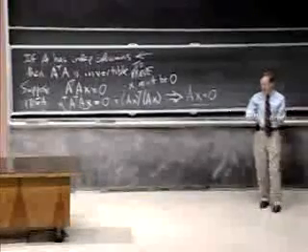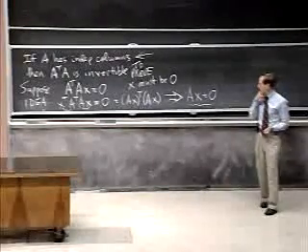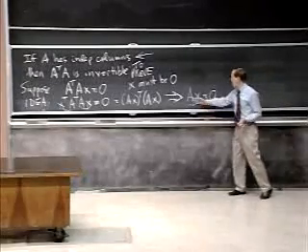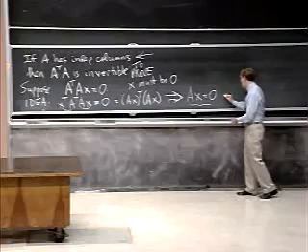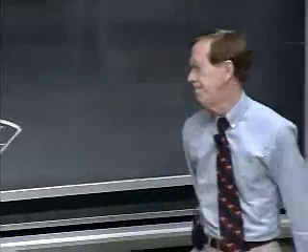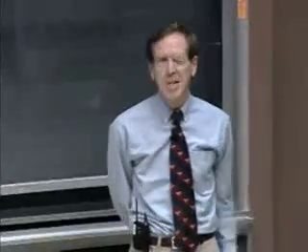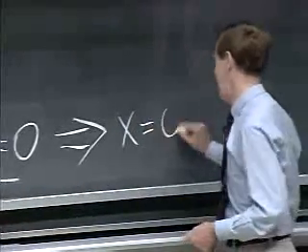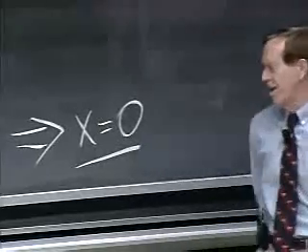That could be like a fill-in question on the final exam. If A has independent columns and if Ax equals 0, then what? Please say it. x is 0. Right. Which was just what we wanted to prove.